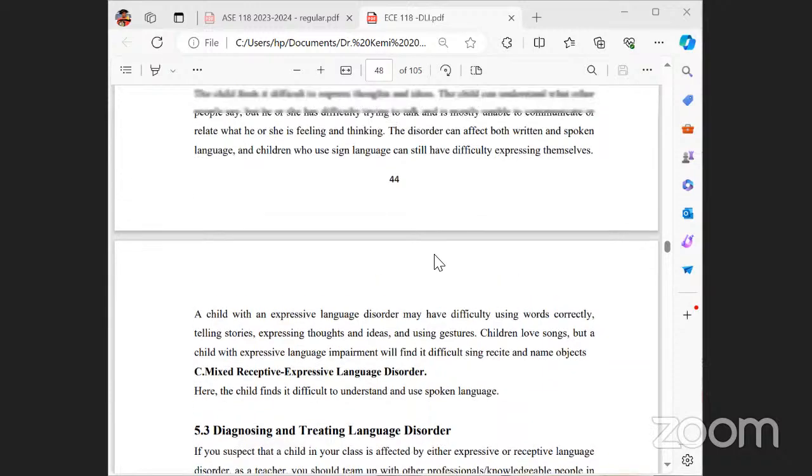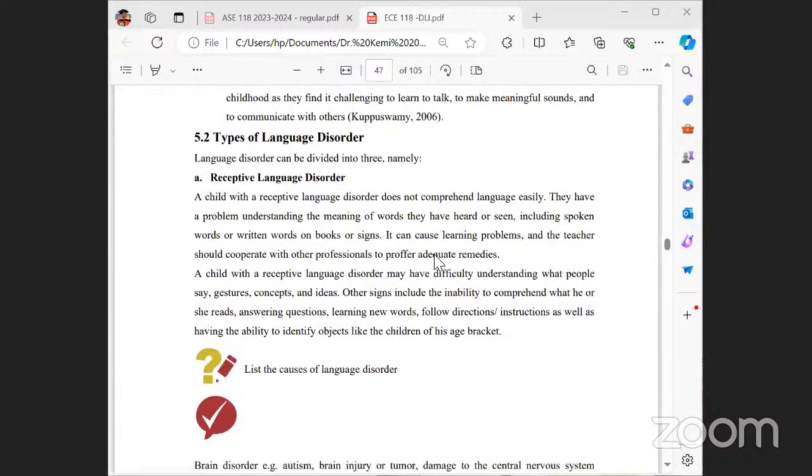So let me quickly go through that. A child with a receptive language disorder does not comprehend language easily. They have a problem understanding the meaning of words they have heard or seen, including spoken words or written words in books or on signs. It can cause learning problems. The teacher should cooperate with other professionals to provide adequate remedies.